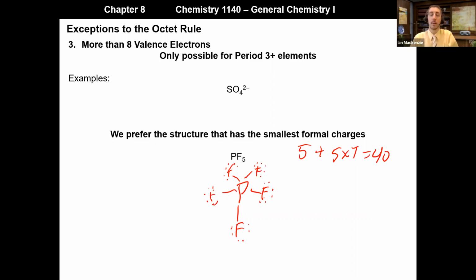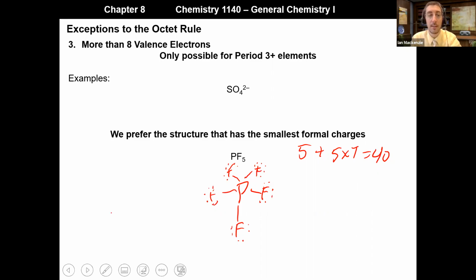And this is okay for this example. If we tried to connect it somewhere where we only had 4 fluorines around phosphorus and then connected that extra fluorine to one of the other fluorines, we would end up with a bunch of formal charges that we don't want. So that's sort of how we would do a case where now we can have more than 4 atoms bonded to the central atom.